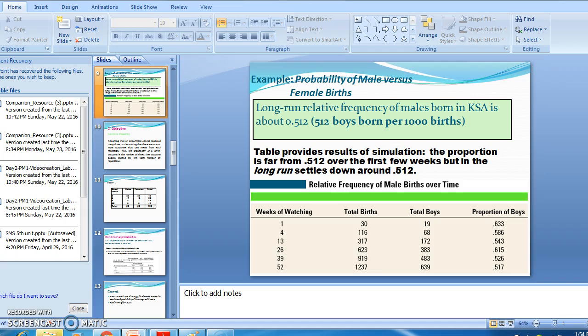That is 512 boys born per 1,000 births. The following table provides the results of simulation. The proportion is far from 0.512 over the first few weeks, but in the long run settles down around 0.512.